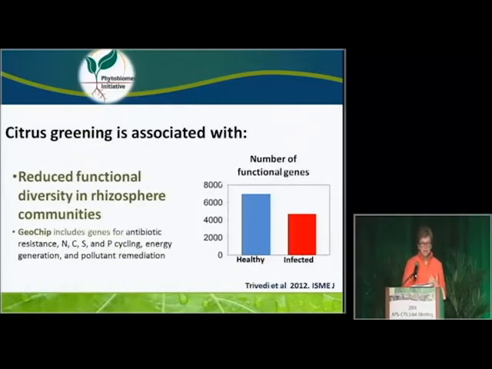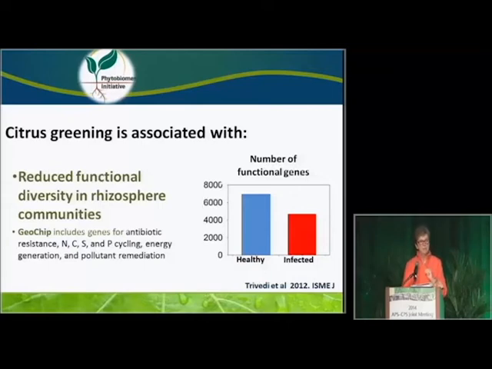They also found that there was reduced functional diversity in the rhizosphere communities. What that says is that in the rhizosphere communities associated with the infected trees, there was less composition of genes that had different biochemical functions.